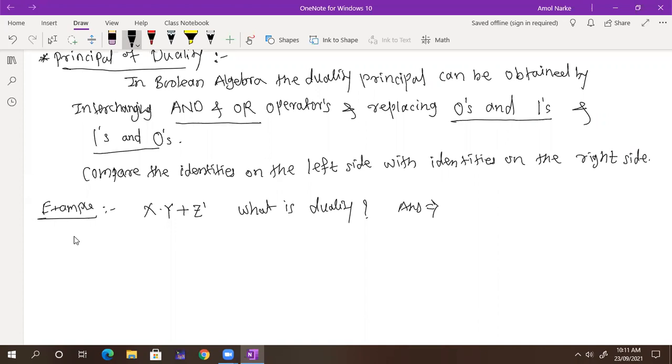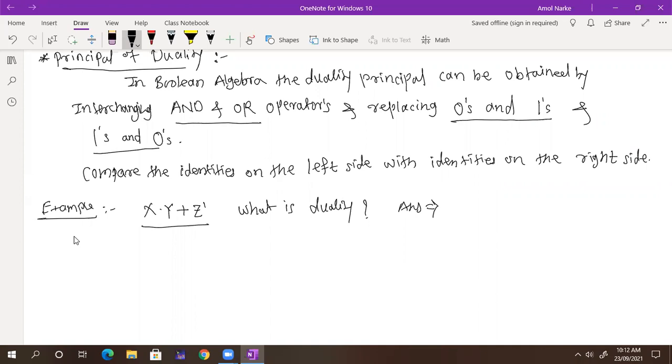What is the dual of this statement? The meaning remains the same. Whatever you wanted to say will remain the same, but you can express that expression in another way. Anyone? You can tell me. We will just discuss this, whether it is correct or not, later on.